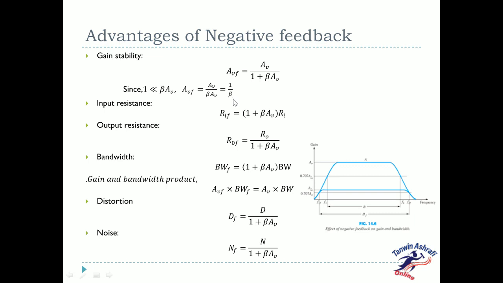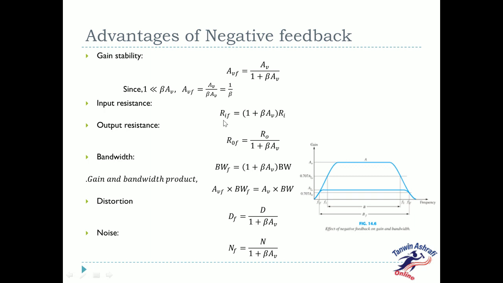Thus, if we employ a feedback network consisting only of passive components like resistances, the overall gain of the amplifier will be extremely stable, having the value of ideally 1 by beta. This improves the stability of an amplifier.